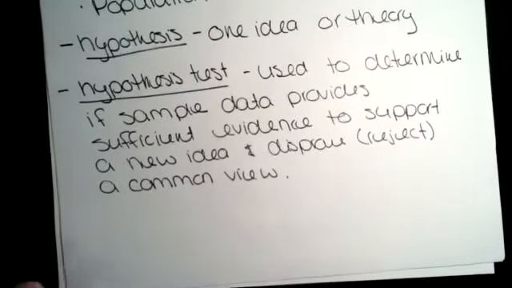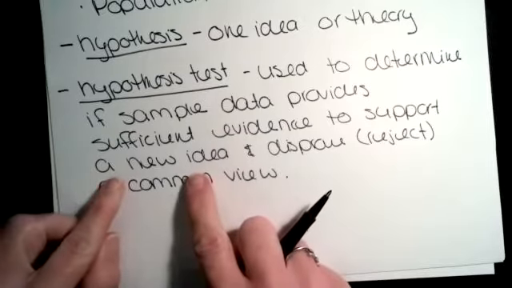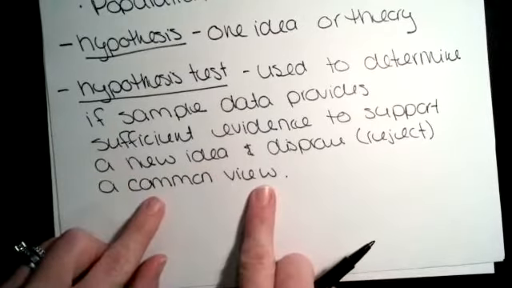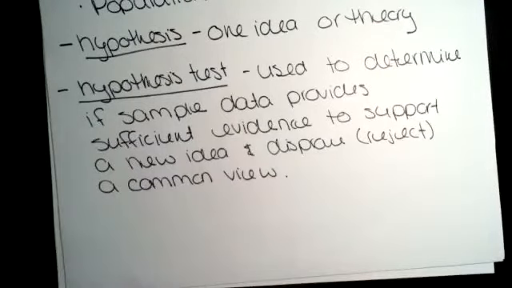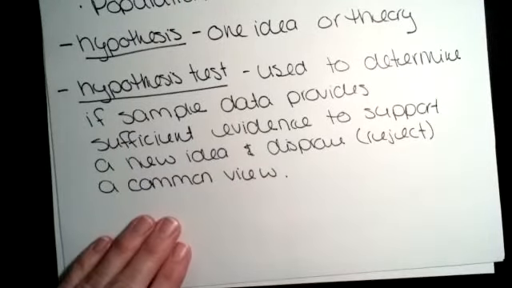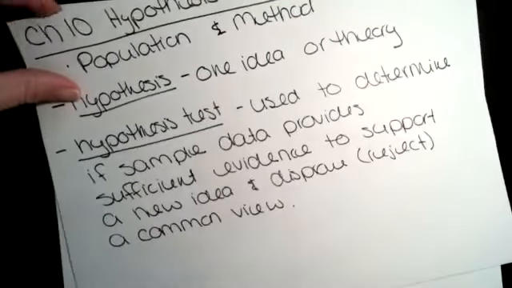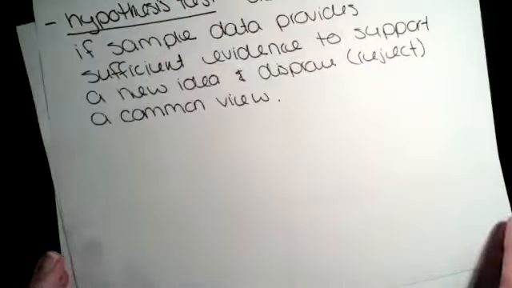So a hypothesis test, sorry, I just bumped my chair. A hypothesis test, we're actually testing to see if we have evidence to support this new idea. And we want to reject this common view. So I need to show you some notation for this, okay? And we're going to use everything we've been talking about these last few chapters, especially with probabilities and all that.